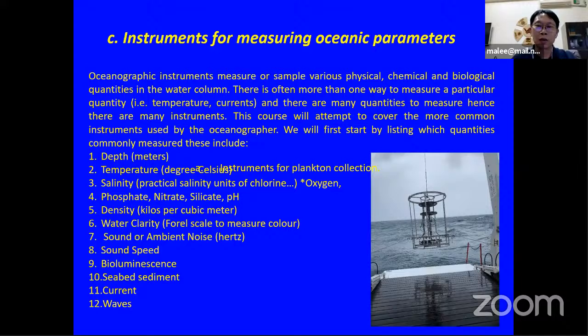Like this slide, this is the CTD system. The CTD system may have some accessory equipment. The primary equipment is the temperature and salinity sensor, and the pressure sensor, which can detect the depth.